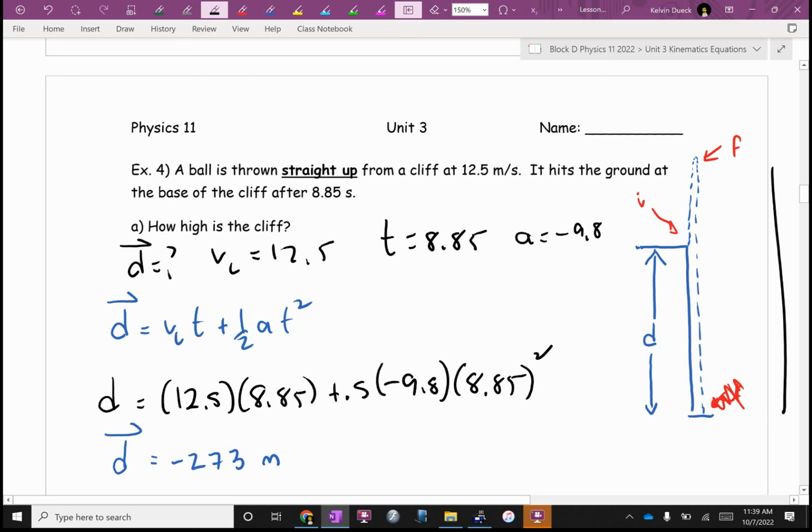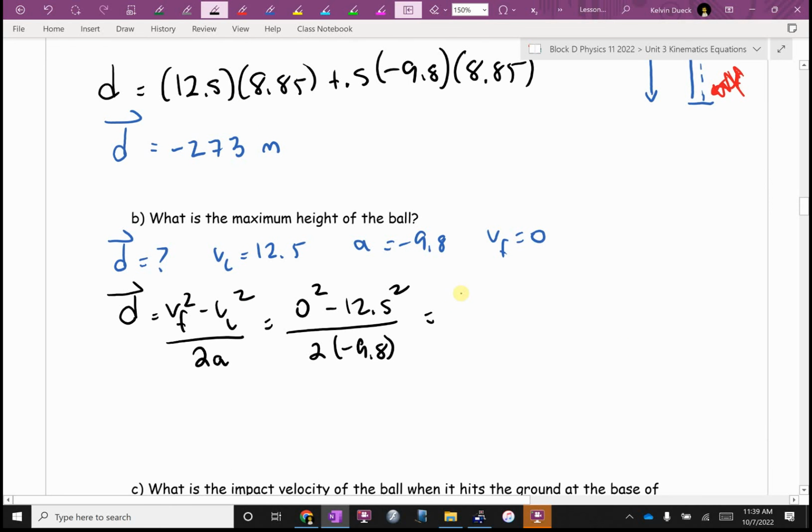The distance we got. And the positive distance. Yeah, so I'm going to take this. I'm going to write 7.97. And now I'm going to say, you know what our abbreviation for height is? It's a lowercase h. It's going to be 7.97 plus 273. That's how high the ball is off the ground.